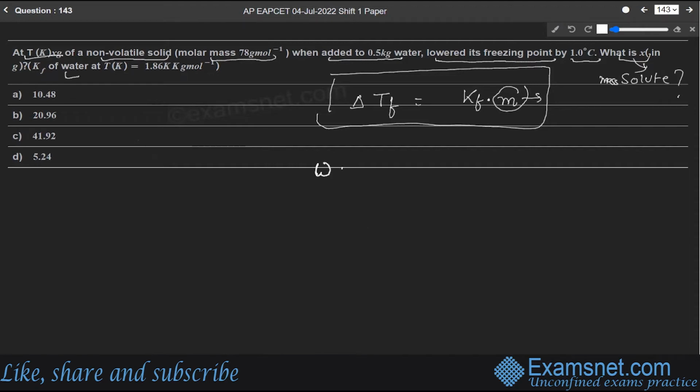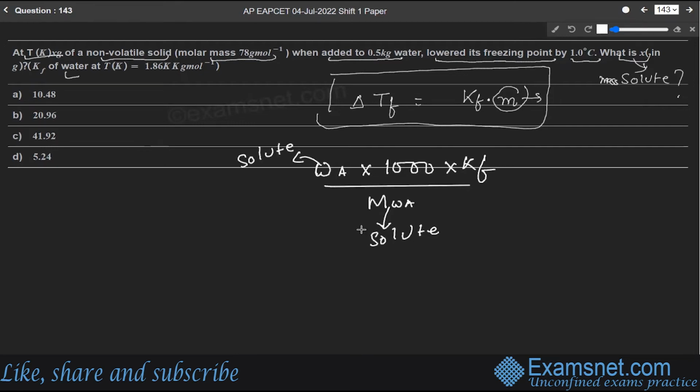That's WA into 1000 into Kf, divided by molecular mass of solute, and multiplied by molecular mass of solvent. This is a short trick formula.